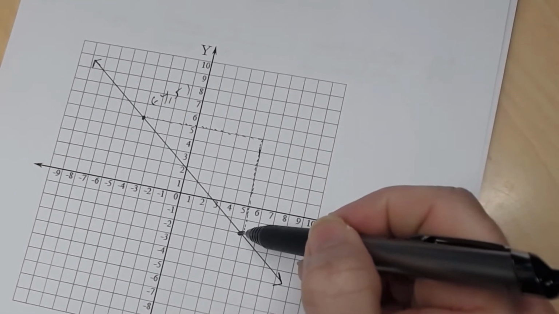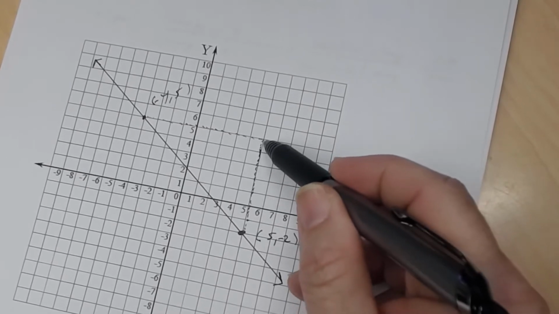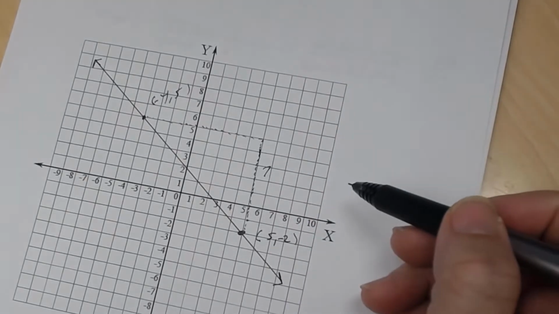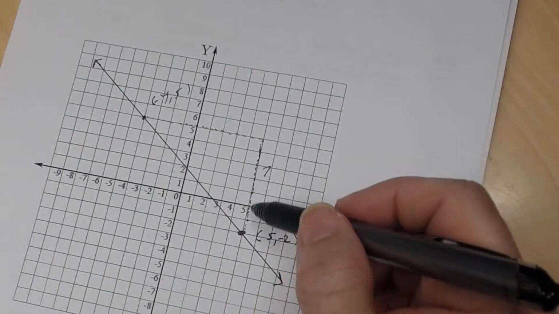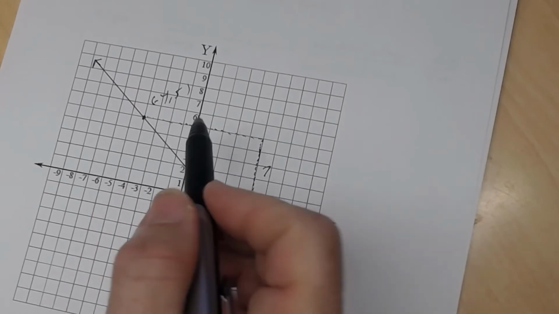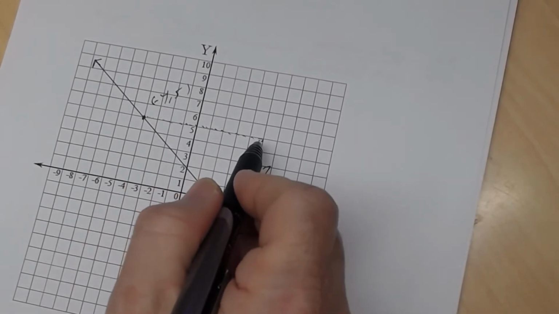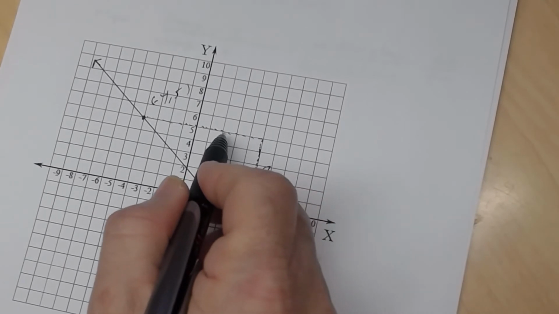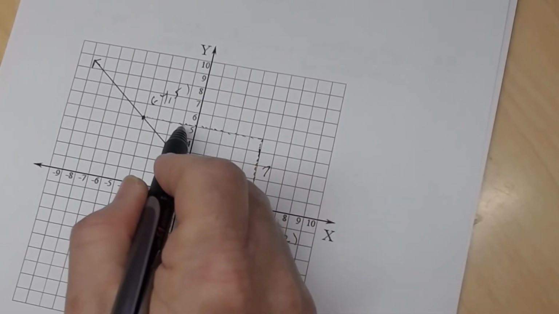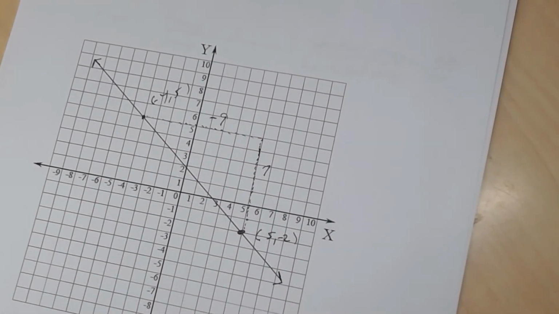So I started here. I'm going to go 1, 2, 3, 4, 5, 6, 7 again. And since I went up, remember, when you go up, that's positive. Now I'm going to go to the left. Remember, if you go to the left, that's negative. So keep that in mind. 1, 2, 3, 4, 5, 6, 7, 8, 9. So that's a -9.